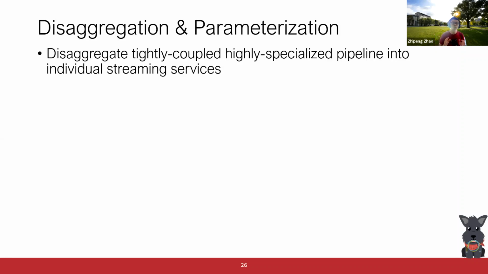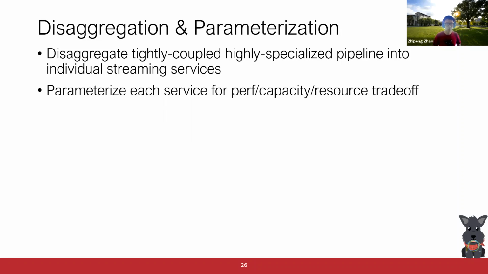To realize Pigasus 2.0, we need disaggregation and parameterization. We need to disaggregate the tightly coupled, highly specialized 100 gigabit per second pipeline into individual streaming services to allow more efficient scaling. And we also parameterize each of these streaming services to provide different performance, capacity, and resource trade-offs for users to pick.